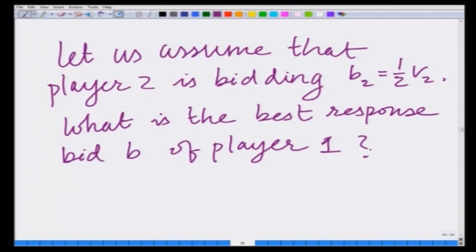So, if indeed player 2 is bidding B2 equals half V2, what is the best response bid B of player 1?